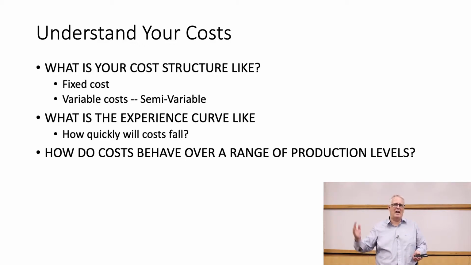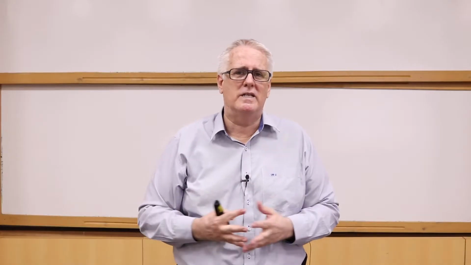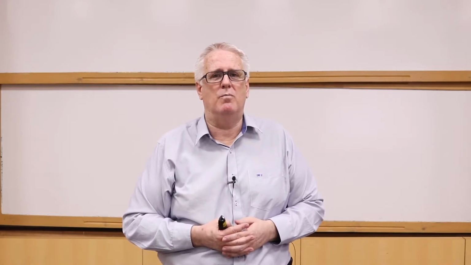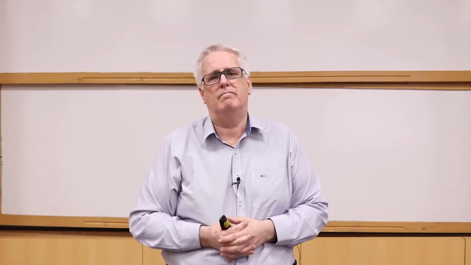What does it look like? How does it fall? At what price or production levels do I all of a sudden start to see this decrease or decline in my cost structure? And also, over what range of production levels do I have these costs? For instance, suppose that with one shift at your factory, you can produce 100 units.